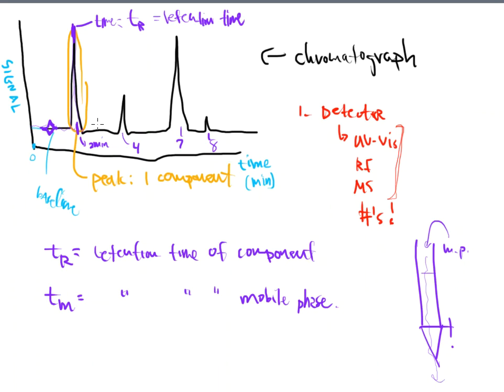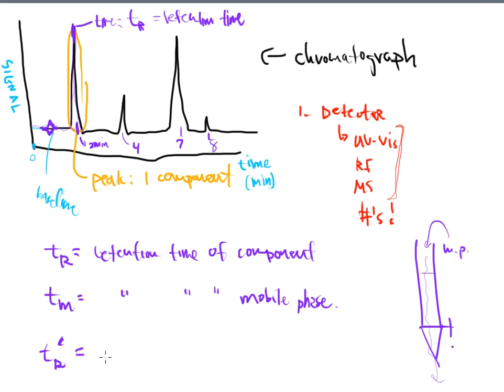That takes some time and some effort, and that's what T sub M represents. Okay? Now, if I've got retention time of a component and I've got a retention time of the mobile phase, then I can do a calculation here. And this calculation is T sub R prime. That is what that little dash up here at the very top represents.